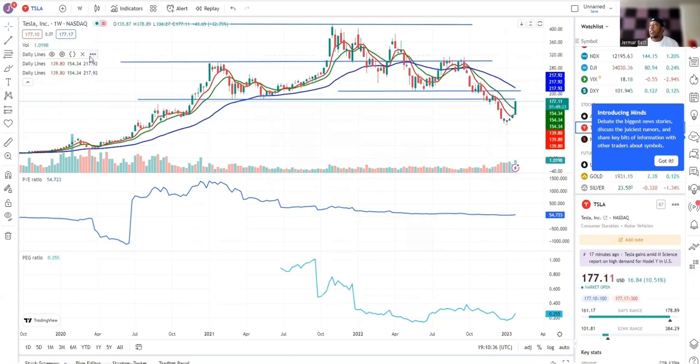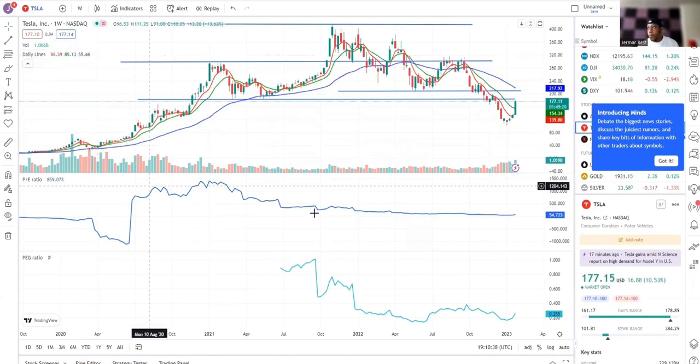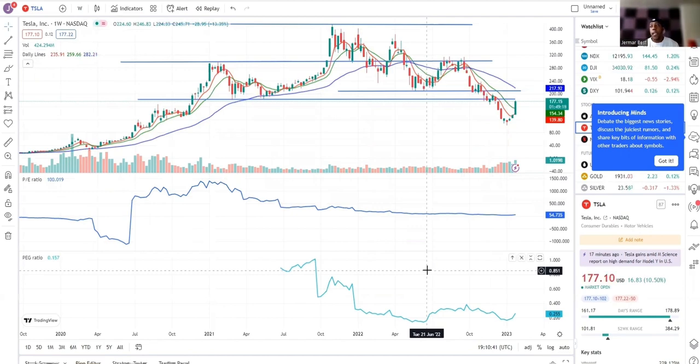So looking at this, let's go. The red line that you see is the 20-day EMA. The green line that you see is the 50-day EMA. And the blue line that you see is the 200-day EMA. So typically when a stock trades above its 20 and 50-day EMA, you can see an advance and the stock starts to move.